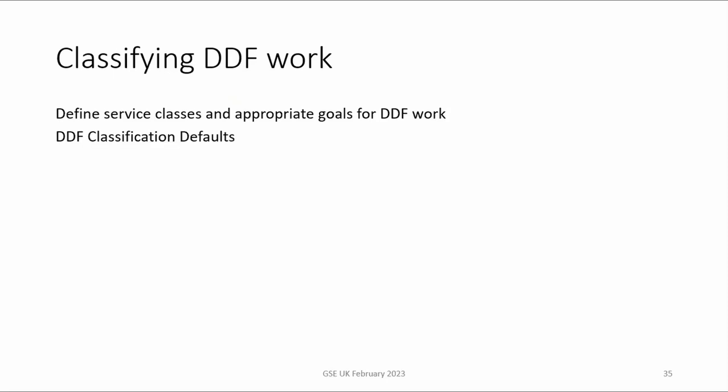So when it comes to classifying the DDF work, you're going to have to define a service class with appropriate goals. You have to make sure you set up a default so it doesn't end up in sysother. If a new DDF piece of work comes in and it doesn't have qualification rules, it goes to the default DDF service class, not to sysother.